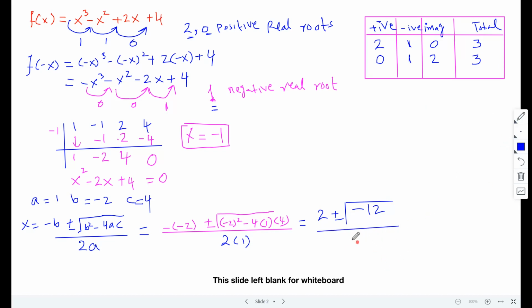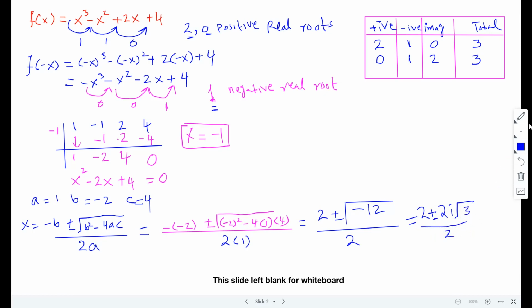Below, 2 times 1 is 2. The square root of a negative number comes with the imaginary number i. So 2 plus or minus the square root of 12, if you take the square root by calculator, is 2i root 3, over 2.